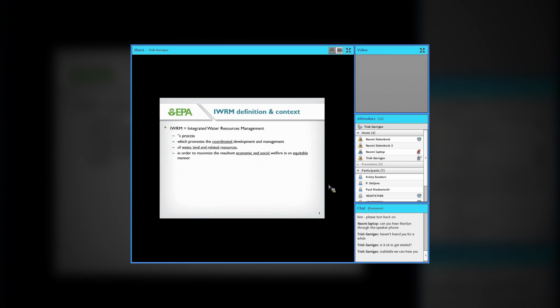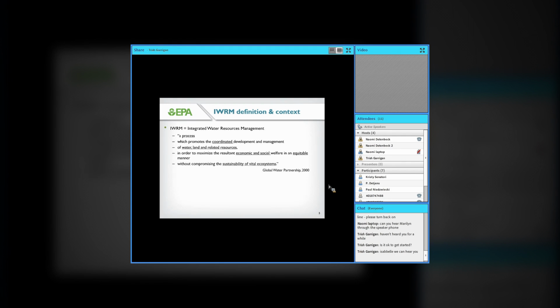So it's talking about maximizing or optimizing the welfare or the outcome of our management, and it's talking about doing it in an equitable or balanced way. And we will talk more about the concept of maximizing or optimizing because it is a unique feature of WMOST.